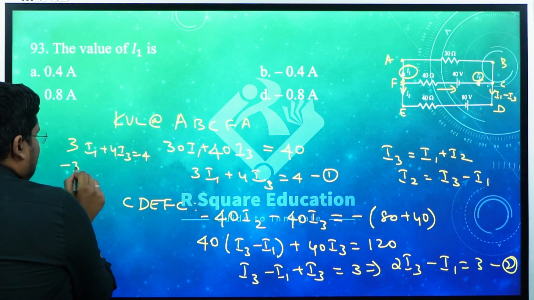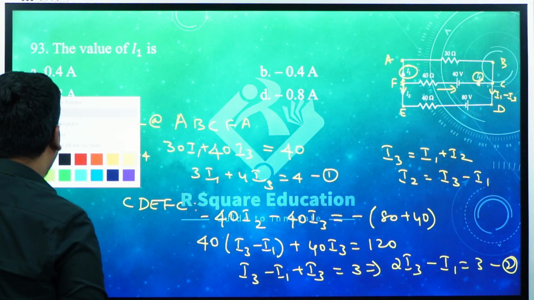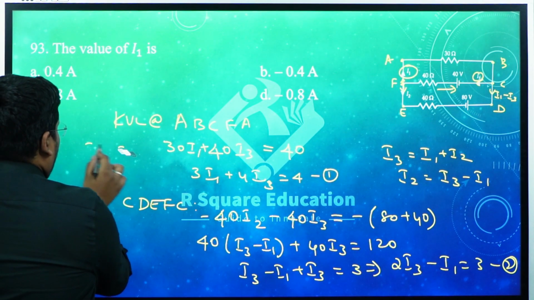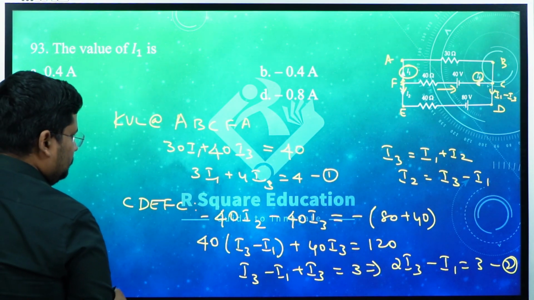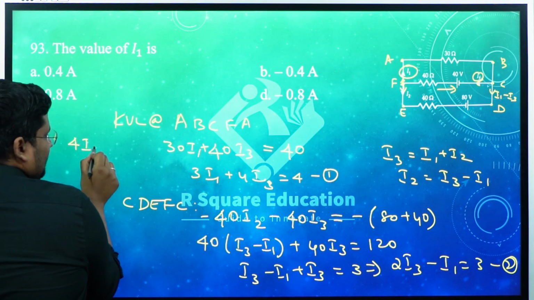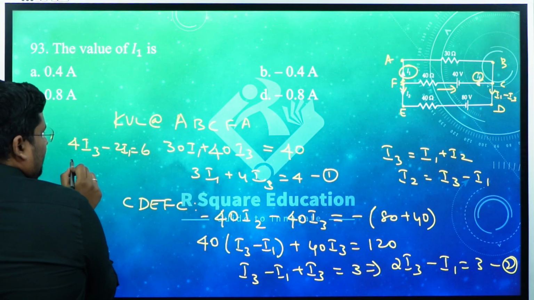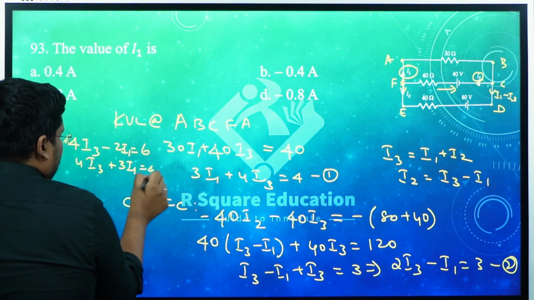3 times, so minus 3I1. Oh, only I1 is needed? Then we should not cancel that. So 4I3 minus 2I1 is equal to 6. Similarly 4I3 plus 3I1 is equal to 4.